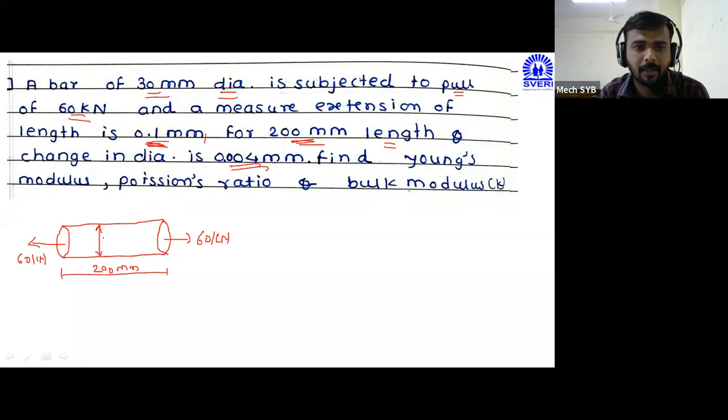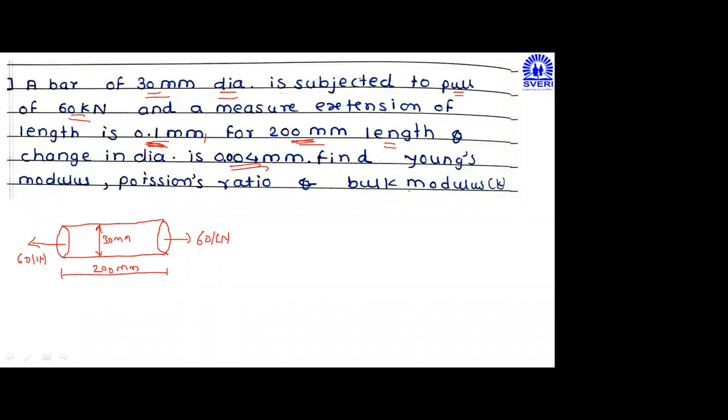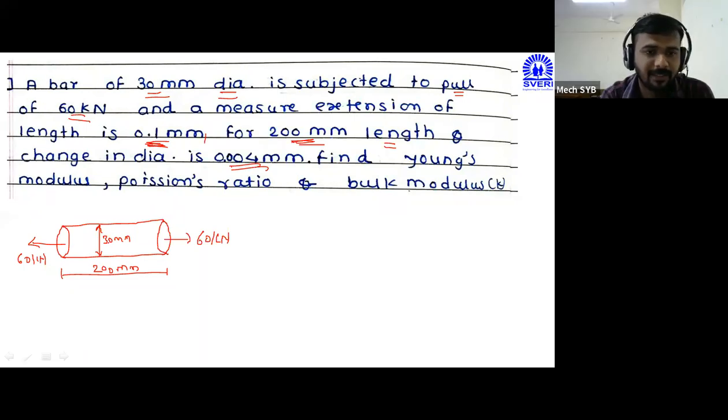This is the diameter. Now from this figure, please tell me change in diameter increases or decreases as per the direction of 60 kilonewton. Decreases. Yes. Everyone agrees with this? Change in diameter decreases.